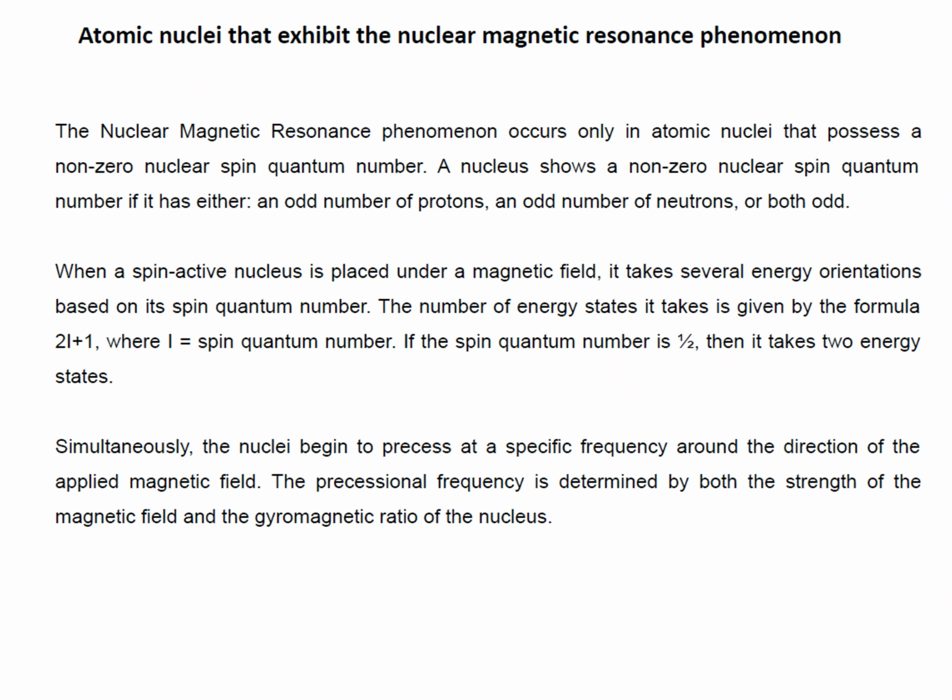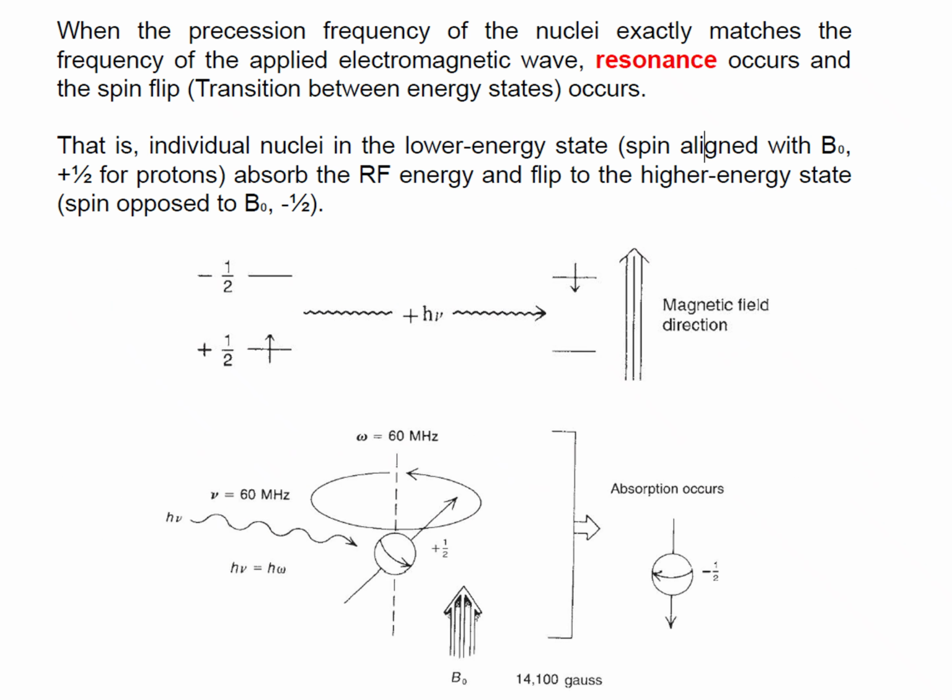I have already shown this in previous slides. So here in the resonance, this is the lower energy and this is the higher energy. With the input of energy, you can see it goes from the lower state to the higher state and the spin has changed.